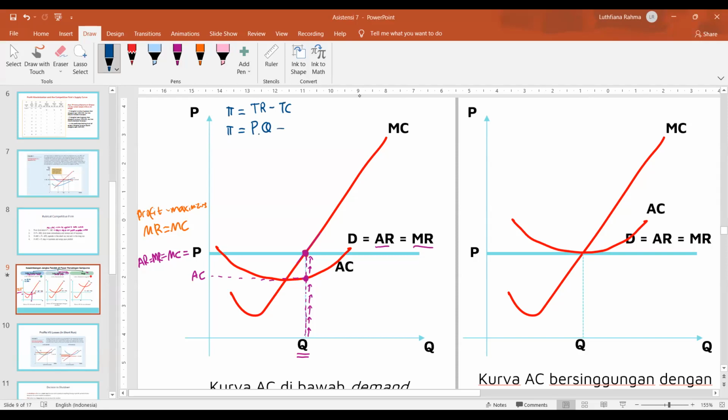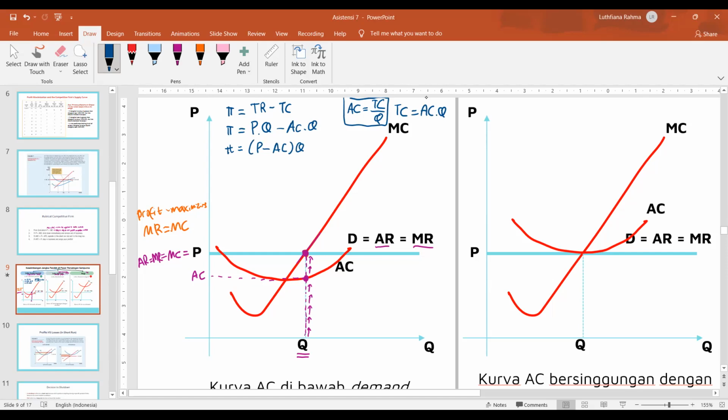Total cost, do you remember this kind of formula? Average cost means total cost per Q. So from this formula, if you would like to find the total cost, it is simply average cost times Q, right? So here I will write it down as AC, average cost times Q. And then it means that profit equals, if I factor out Q, P minus AC, average cost, times Q. So it is a commutative characteristic of an equation.